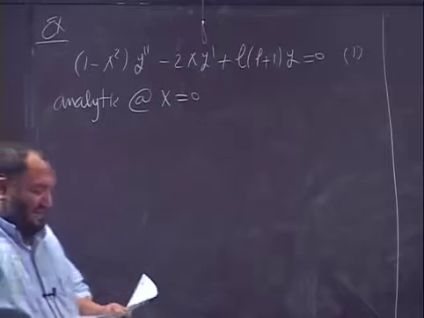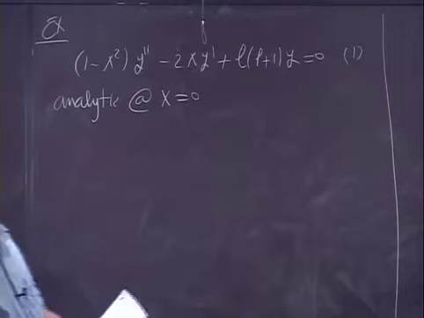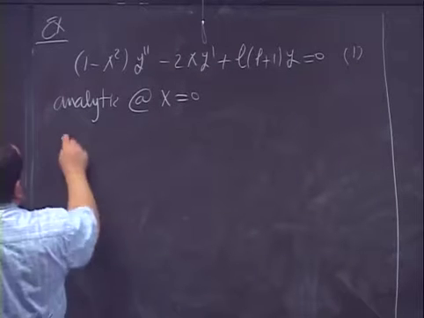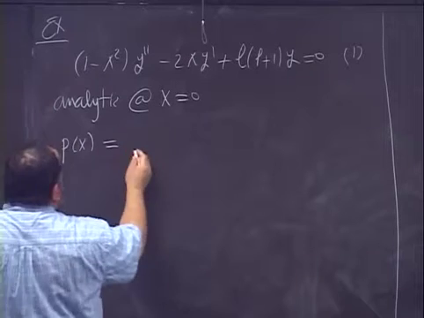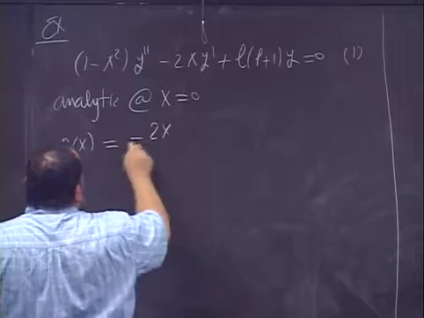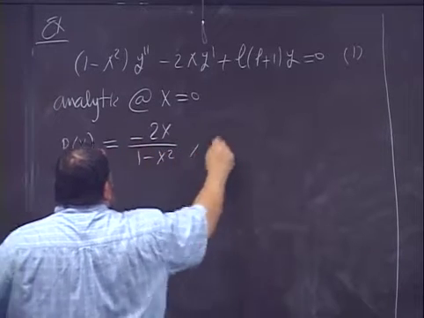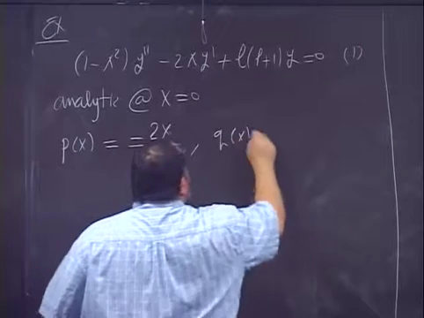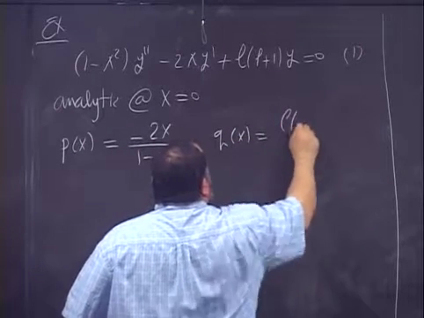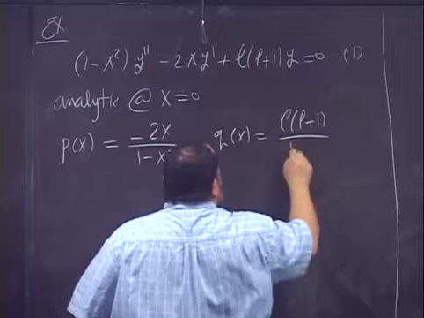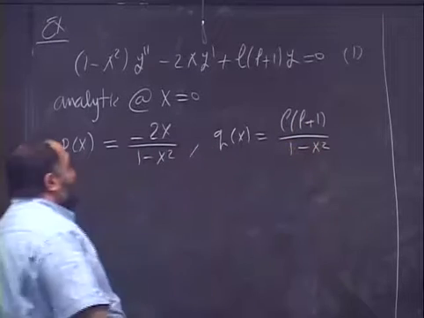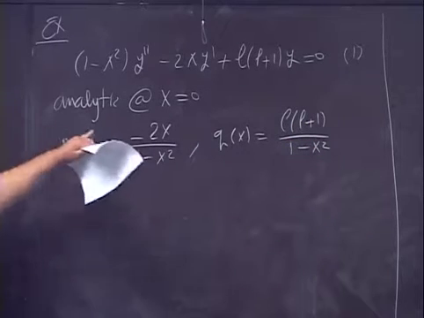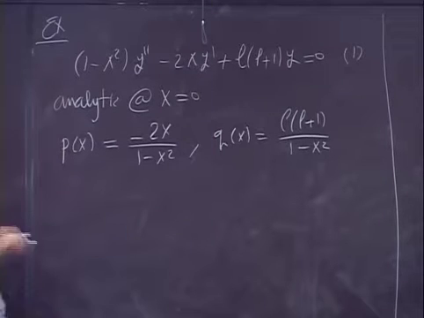So it is analytic at x equal to 0. What's p of x? Minus 2x divided by 1 minus x squared. What's q of x? L times L plus 1 divided by 1 minus x squared. So we can find the solution at x equal to 0.